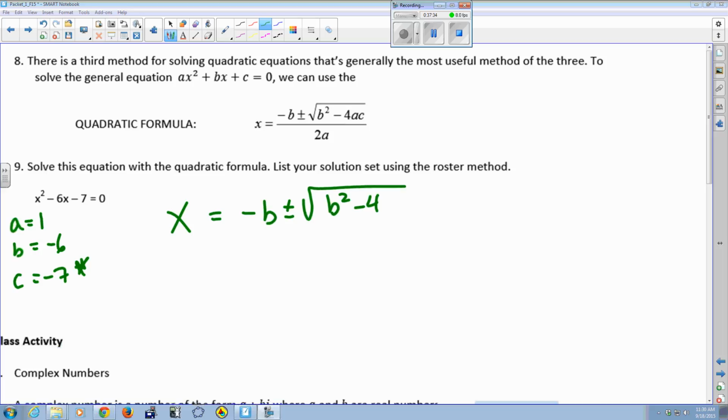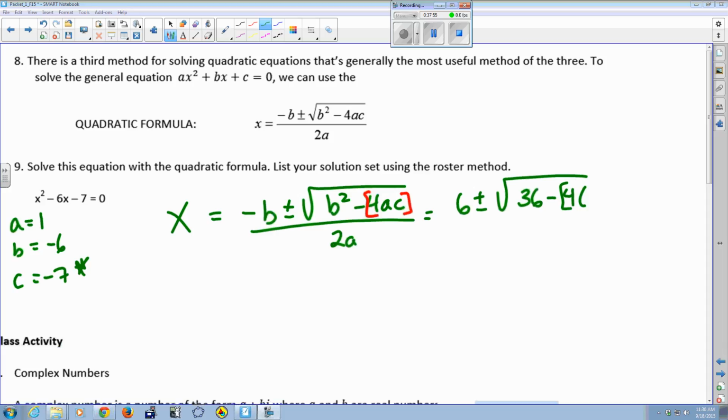I'm also going to add these little parentheses to the 4ac just so that if it is a negative number, I don't mess up. So the opposite of 6 is -6, plus or minus the square root of 6 squared, which is 36, minus 4. I put my brackets. A is 1 and C is -7.